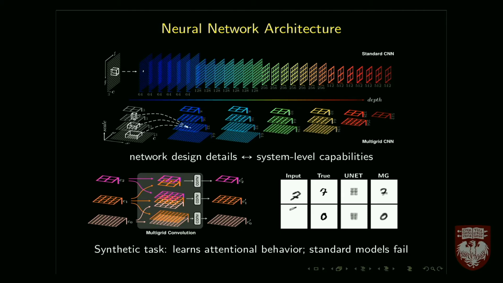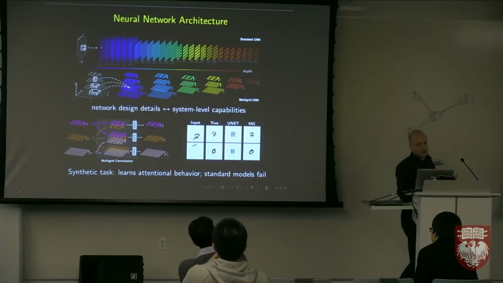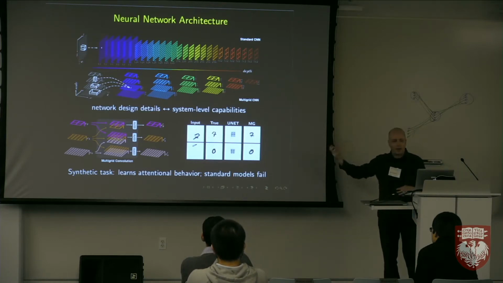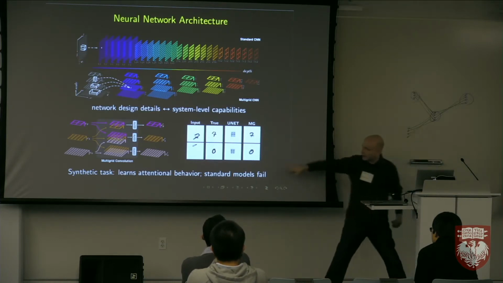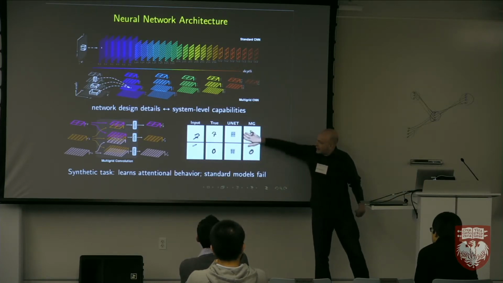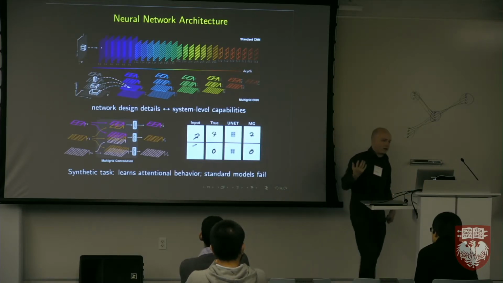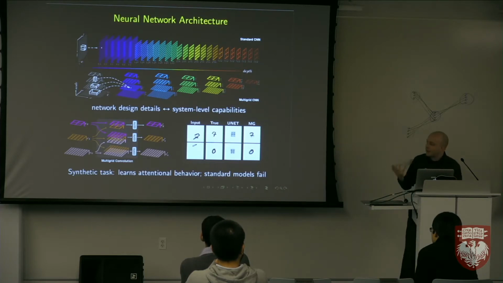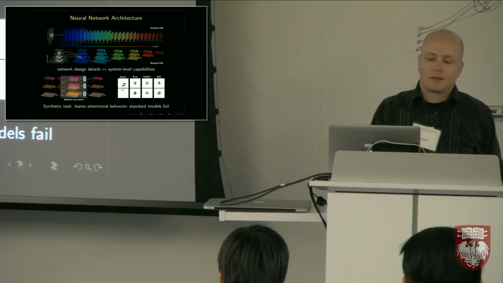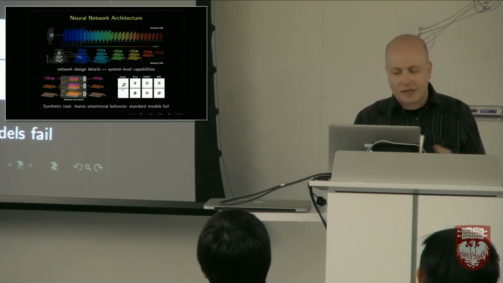The task here is to take a deformed digit that appears somewhere in the input field of view and output a rectified canonical pose of that digit. So this is the target output. This is the output of a standard network architecture trained on this task. Basically, it fails to learn the task, whereas the multi-grid network actually does learn to perform it.